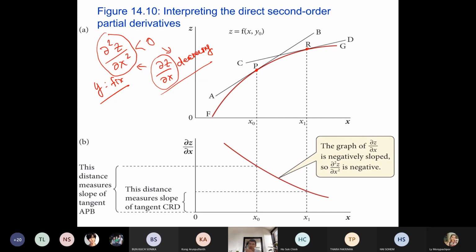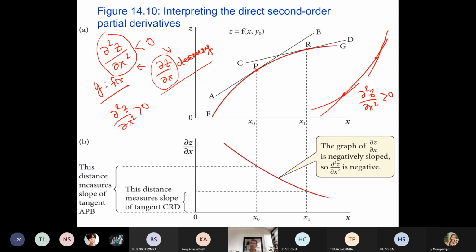So if you go along the curve in the x direction, the slope is decreasing. And if the second derivative with respect to x is positive, I think that will be this figure. As you walk along the x direction on the surface, you feel an increase in steepness. So this corresponds to the second derivative of z with respect to x squared being positive.